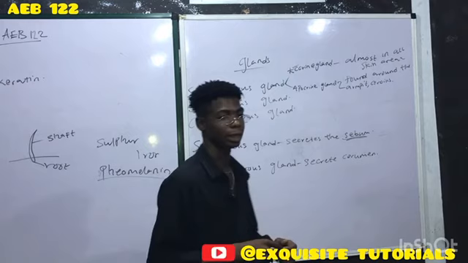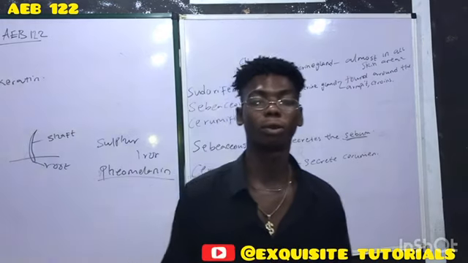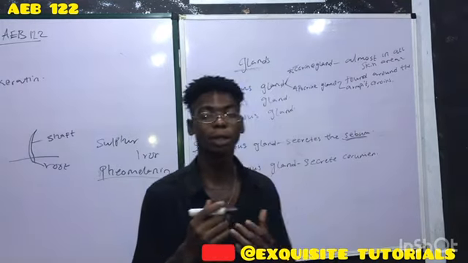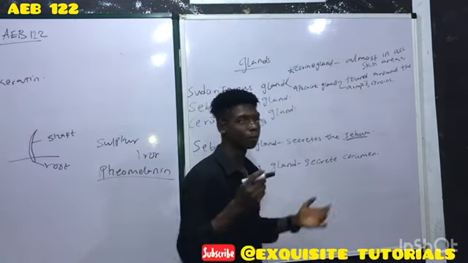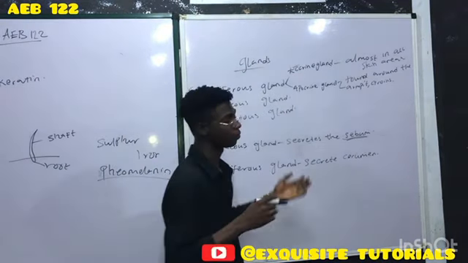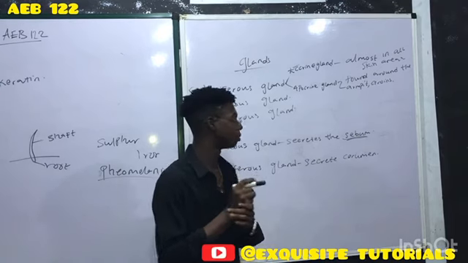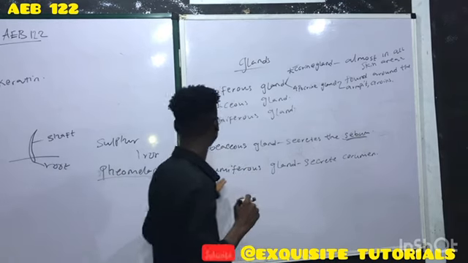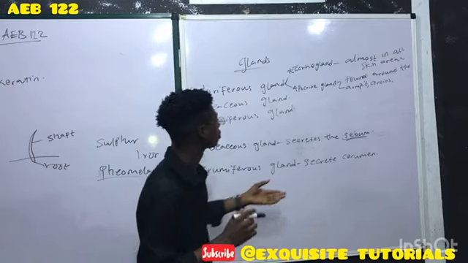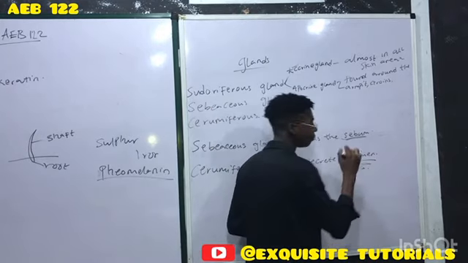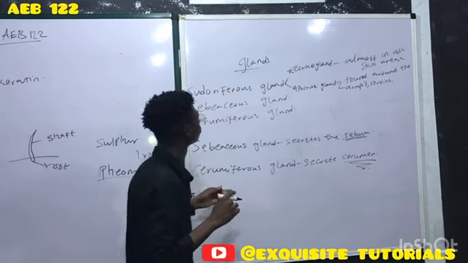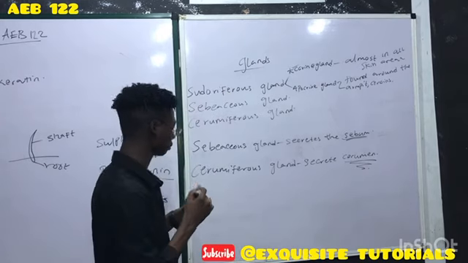It's a fluid in the ear that prevents harmful substances from entering into the ear. That's just before the tympanic membrane in the ear. So the ceramiferous gland secretes cerumen. Please do not forget these terms. They are very, very important as it comes to glands that are associated with the skin.